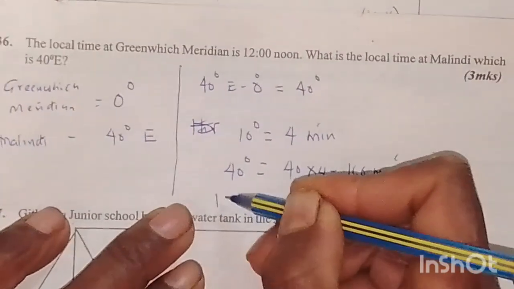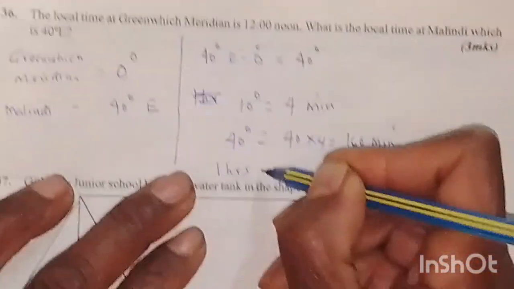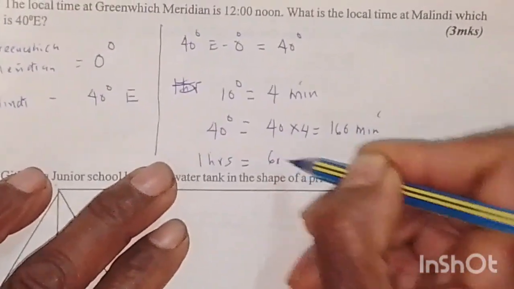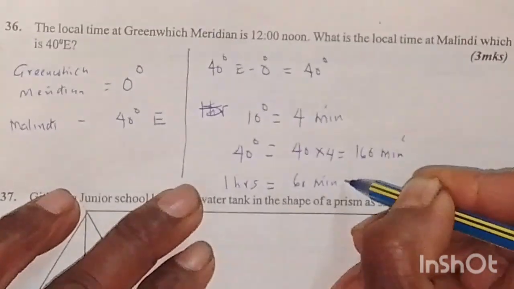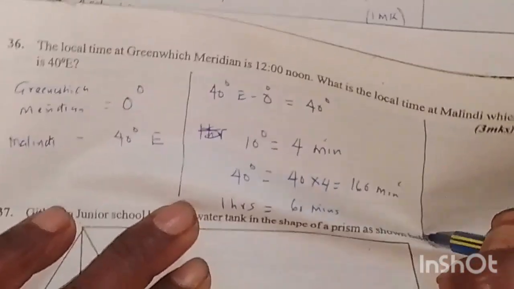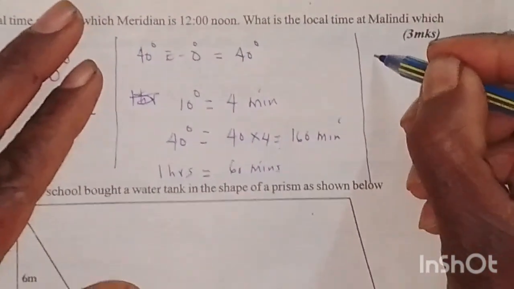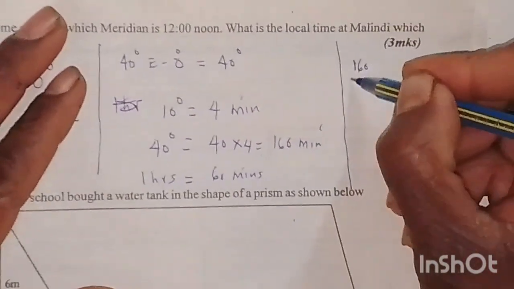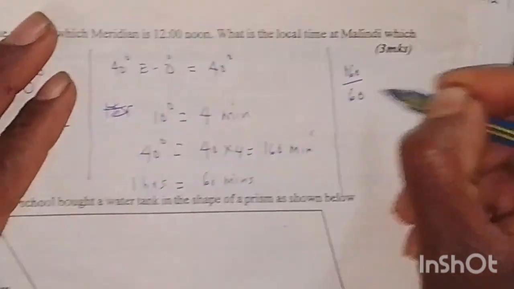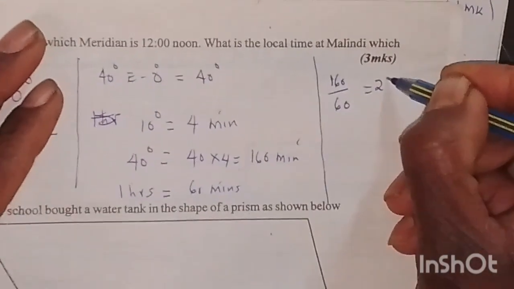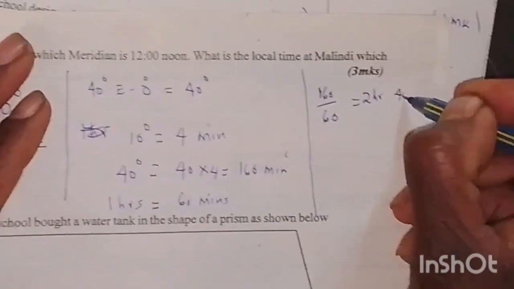Now, 1 hour is equivalent to 60 minutes. Therefore, within 160 minutes, we shall have 160 minutes divided by 60. Therefore, this shall be 2 hours and 40 minutes.